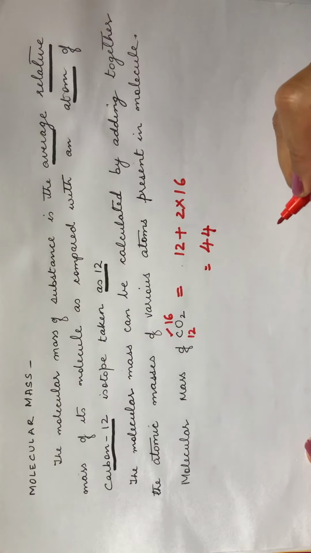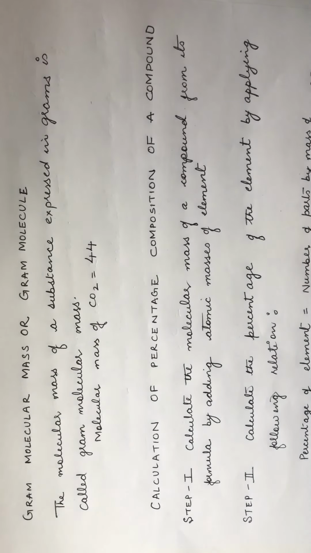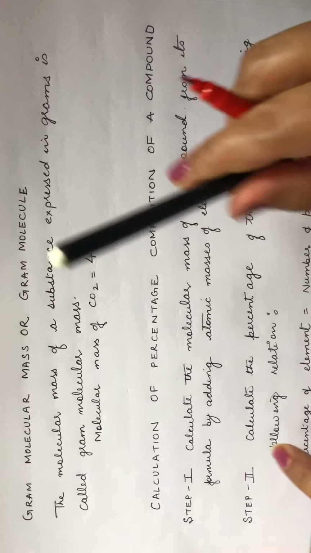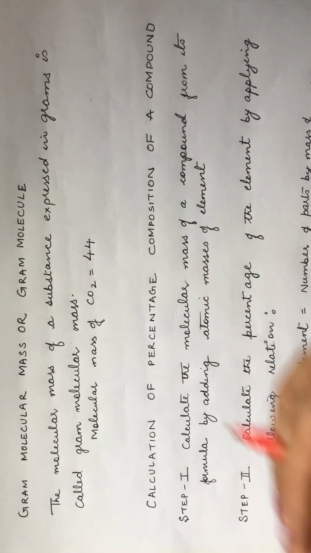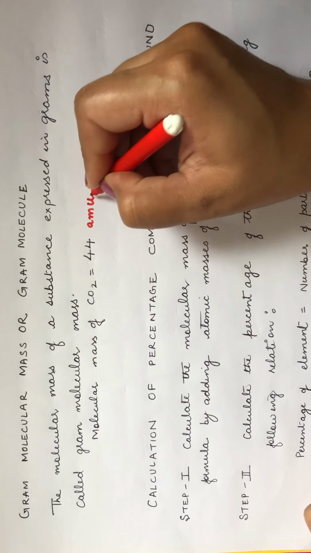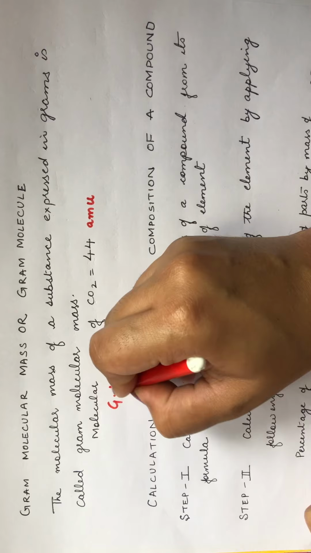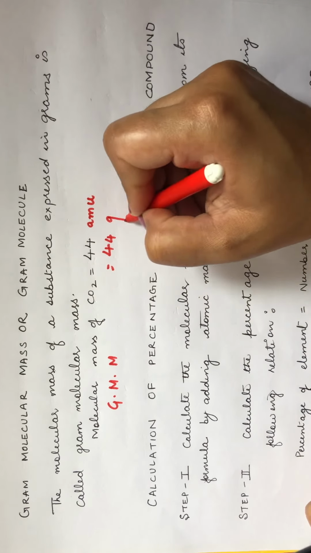So in this way we can determine the molecular mass. What is gram molecular mass? The molecular mass of the substance expressed in grams is called gram molecular mass. So the molecular mass is 44 AMU and the gram molecular mass will be equal to 44 grams.